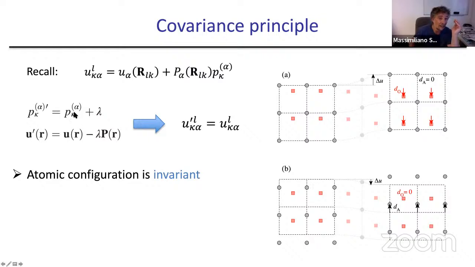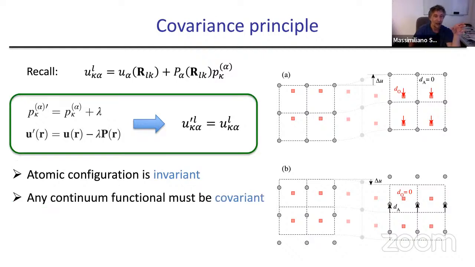So these are actually two different macroscopic representations of the same microscopic structure. So it is quite natural to require that any continuum functional must be covariant with respect to this transformation. This must not affect what I regard as my physical properties that I extract from the model.